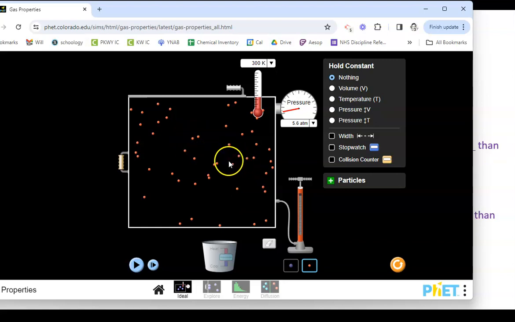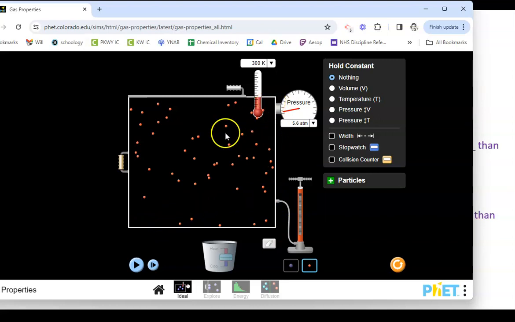And those helium atoms are so tiny that their volume is the volume of the entire container. The gas volume, so if we were to solve for V in PV equals nRT, we would be solving for the volume of the entire container. And that's more or less accurate.